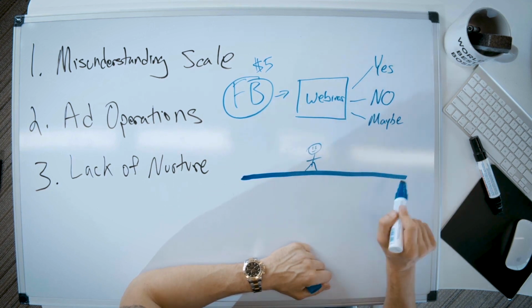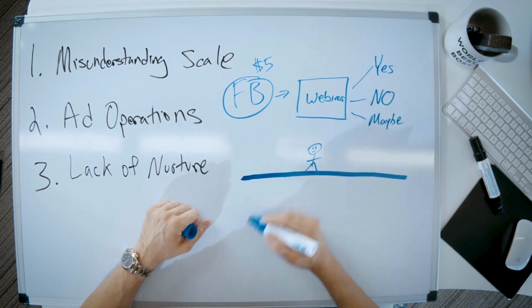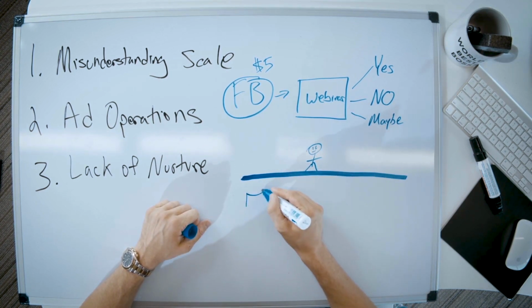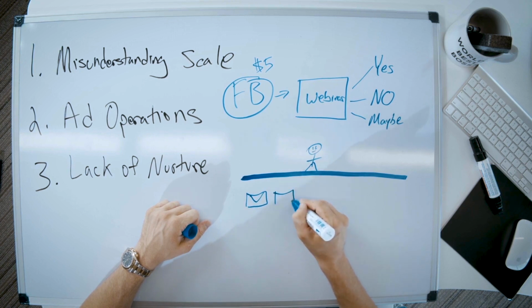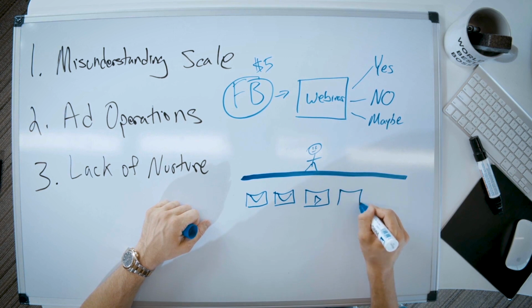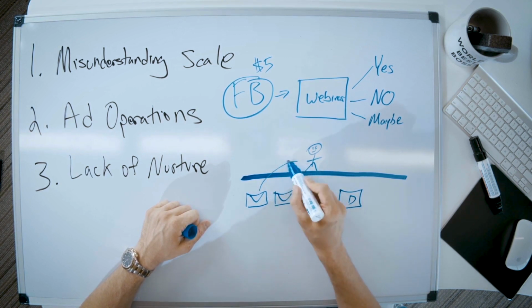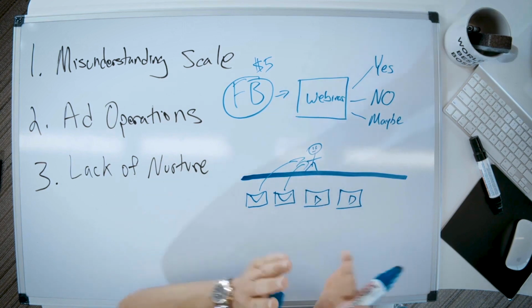They've already gone through your webinar. They're on the fence, which means that we can start chucking things at them. Emails, videos, okay? Stuff like this, that as we chuck it at them, they begin to teeter.